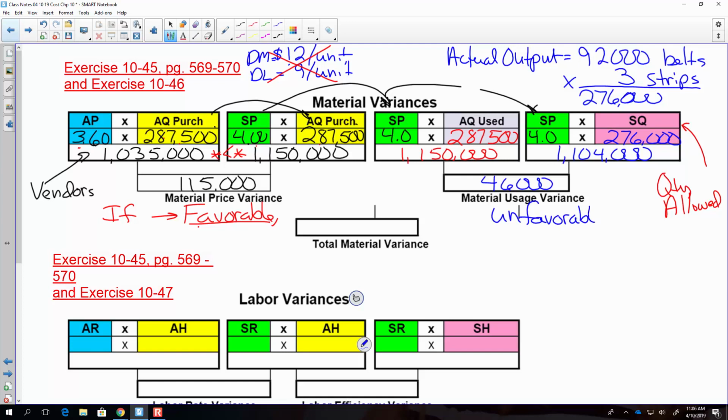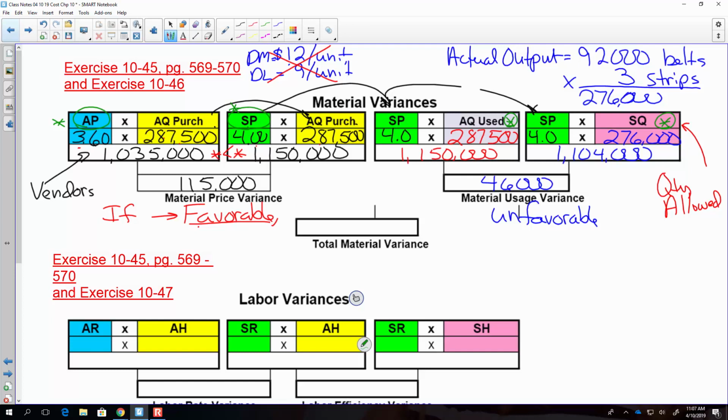So what boxes am I looking at? I'm looking at the used box, and I'm comparing it to what I should have used. So the gray number and the purple number are different numbers. That's what I'm comparing. Just like before, we compared the prices to see whether it's favorable or unfavorable.